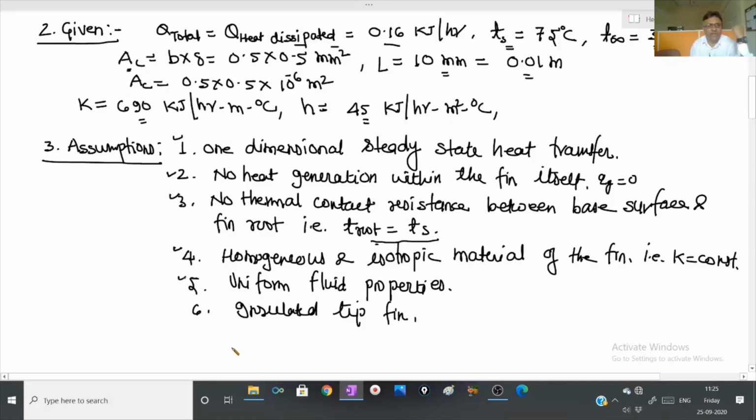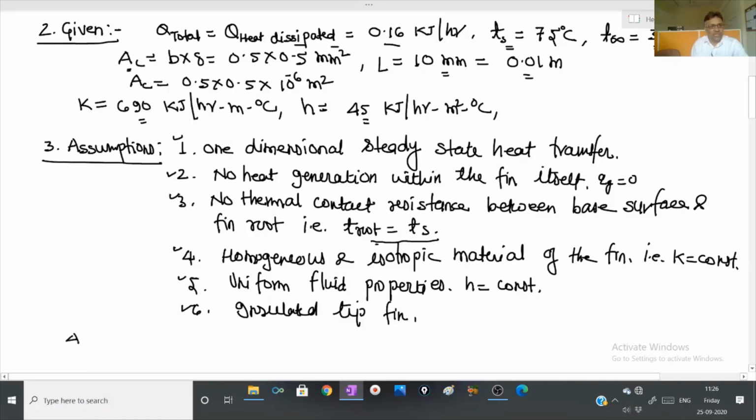Assumption number 5, uniform fluid properties, so h value will be constant everywhere for the surrounding fluid. And the last assumption, insulated tip fin. Whatever fins are provided over the semiconductor device are supposed to be insulated at their end or tip.